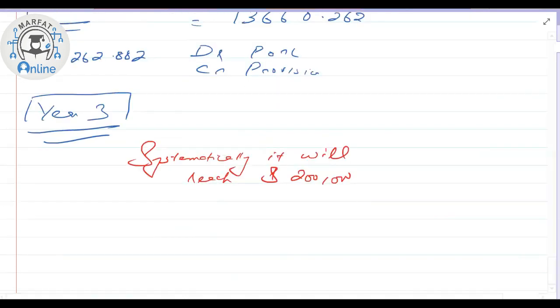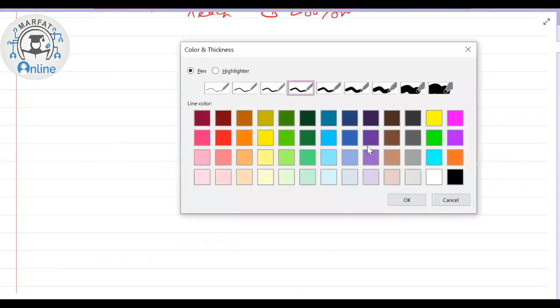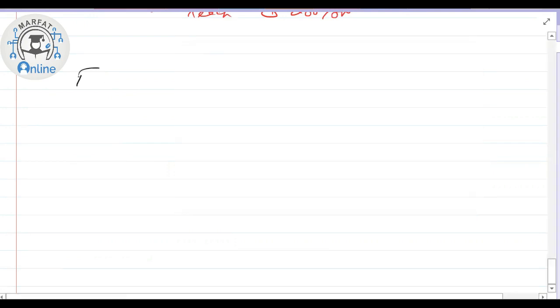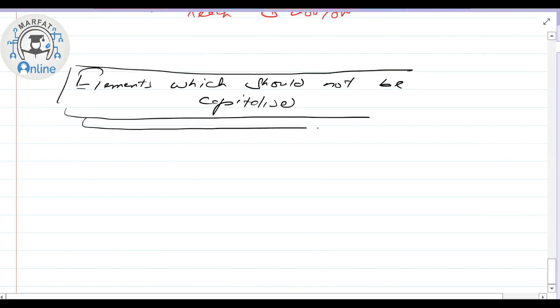Now we will be discussing the elements which should not be capitalized.